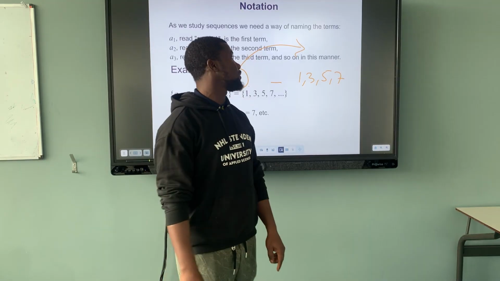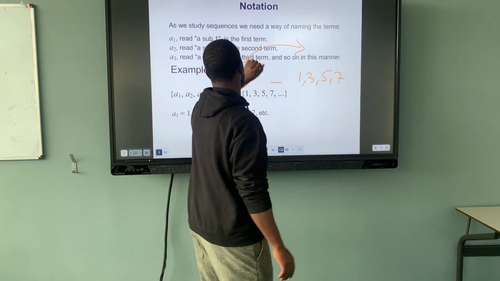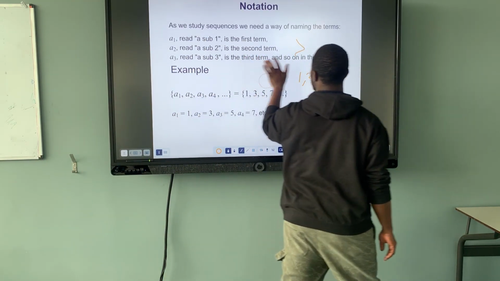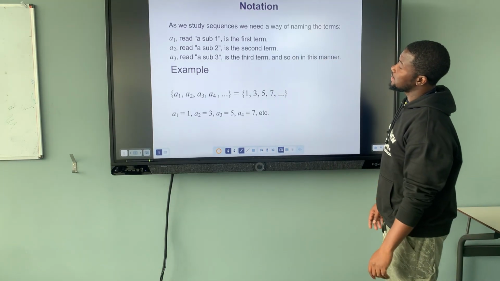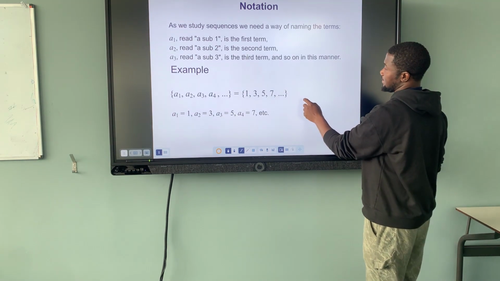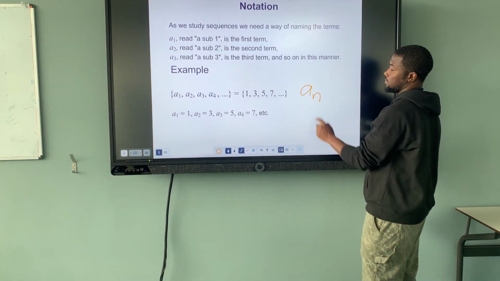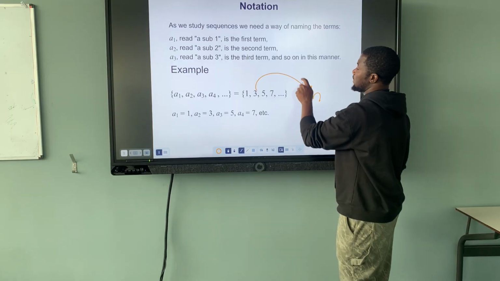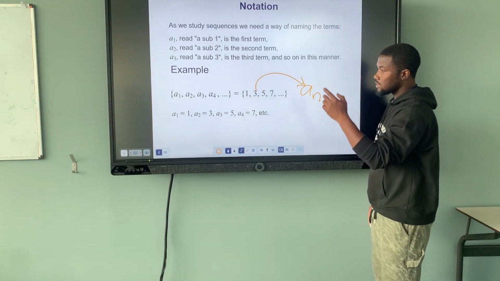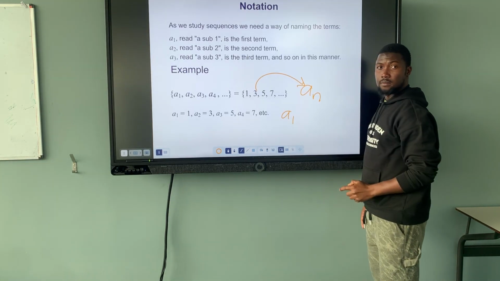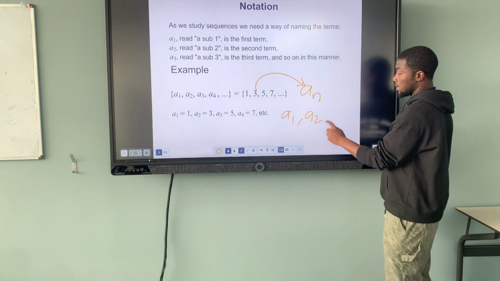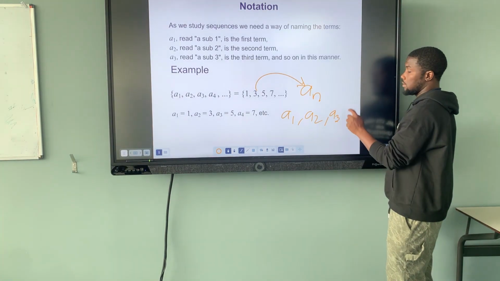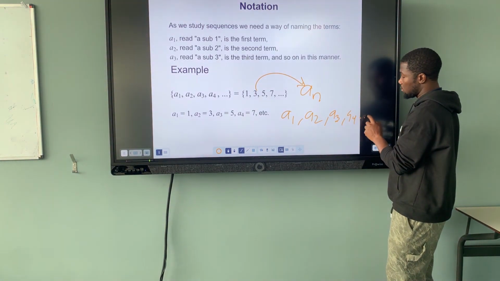And that's giving you some notations to use when it comes to writing the first term. If a sequence is referred to as A_n, for example, that is, the sequence is named A_n, so the first term will be A1. The second term will be A2. The third term will be A3. The fourth term will be A4, and this continues.